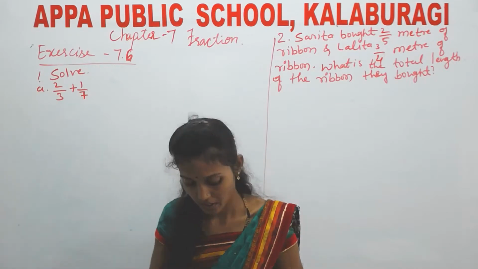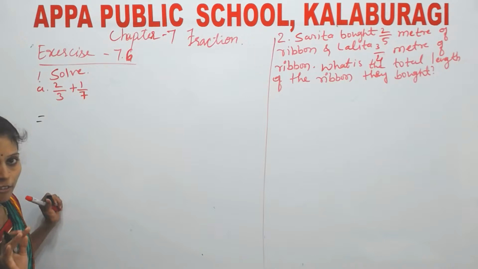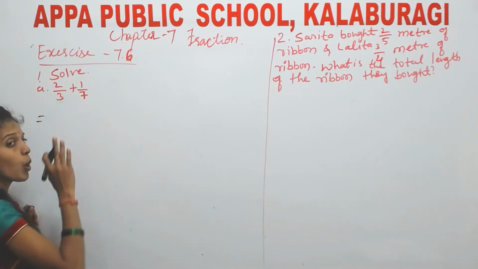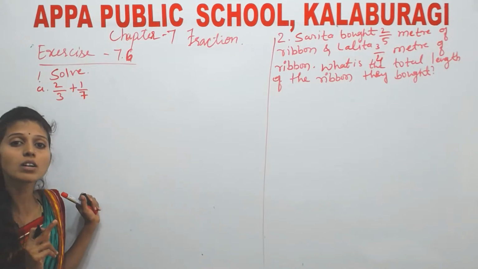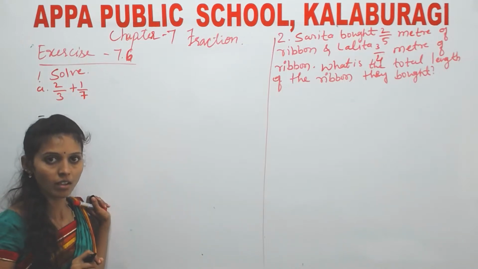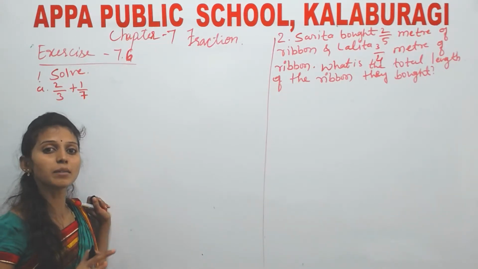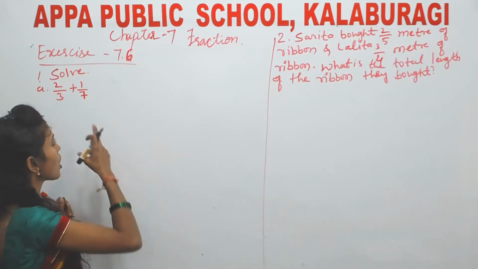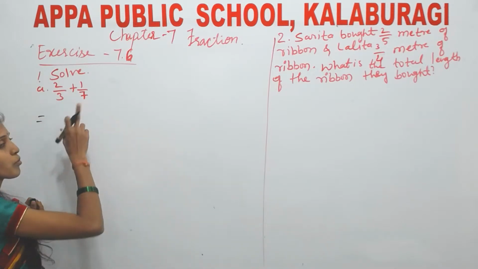First one is 2 by 3 and 1 by 7. If denominators are co-prime, use the cross multiplication method. If the denominators are not co-prime, use the LCM method. Both are one and the same. If denominators are co-prime, their LCM will be the product of the two.